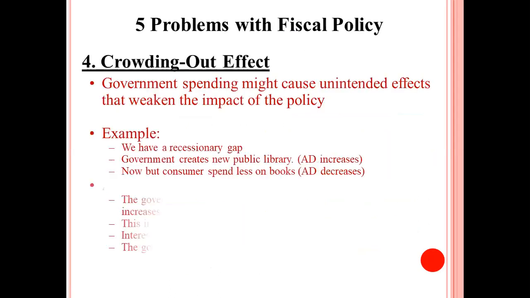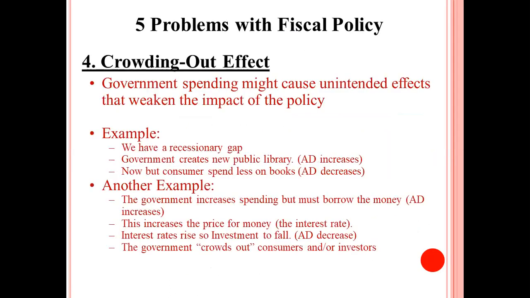The fourth one would be what's called crowding out. The AP exam likes to emphasize this. So let's say we have a recessionary gap. The government creates a new library that increases aggregate demand, but consumers are now spending less on books. This decreases aggregate demand. That's one simple example.